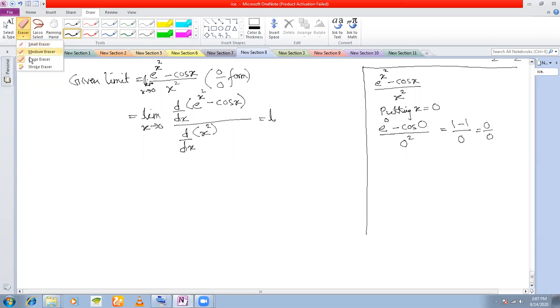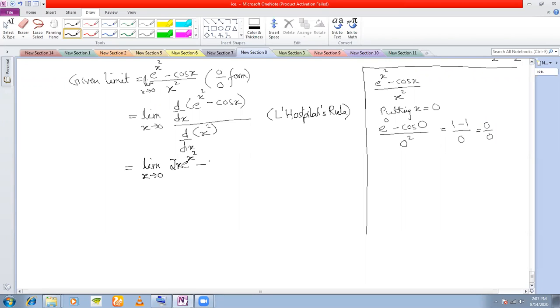Write L'Hospital's rule here. ddx of e to the power of x square is e to the power of x square into ddx of x square, which is 2x. So it is 2x e to the power of x square minus ddx of cos x, which is minus sin x, divided by ddx of x square, which is 2x.